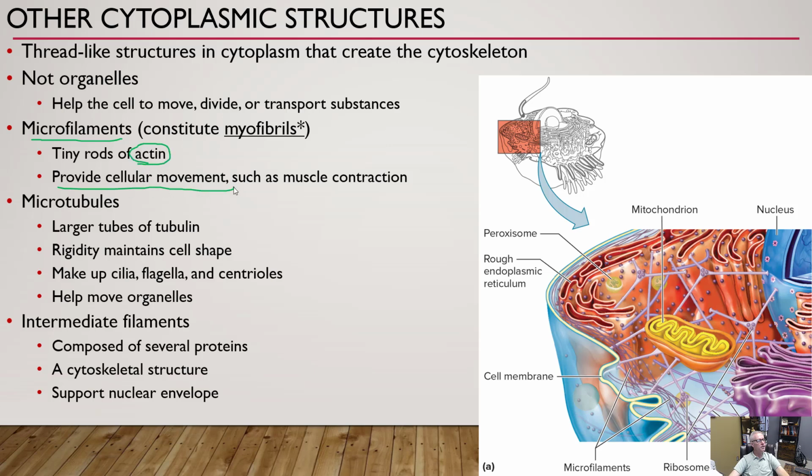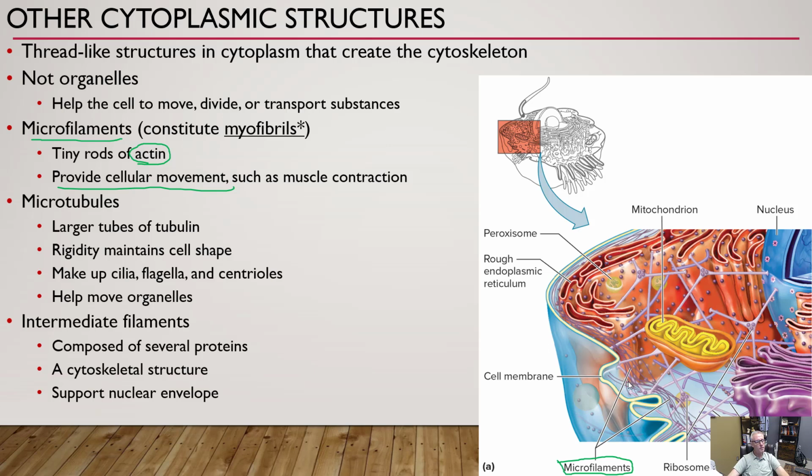They provide cellular movement. You can see these microfilaments down here. When we talk about skeletal muscle contraction in chapter 9, we'll learn a lot about actin. Actin and myosin are the two components of skeletal muscle contraction.